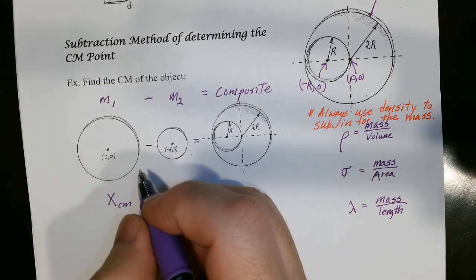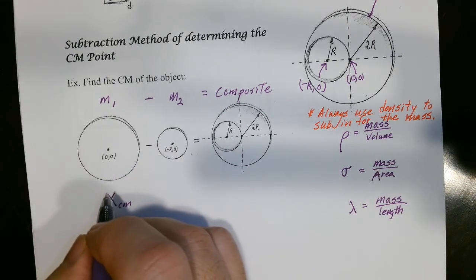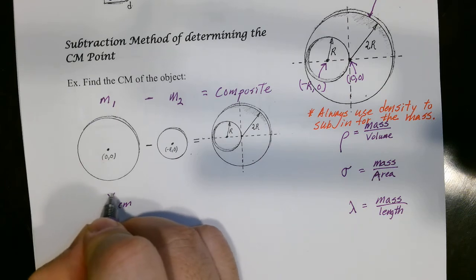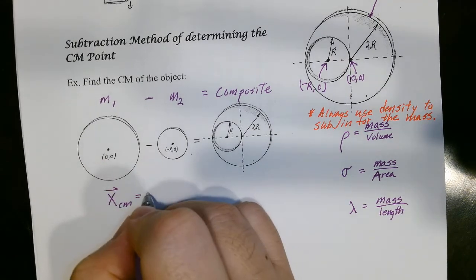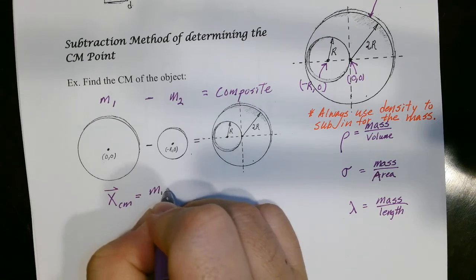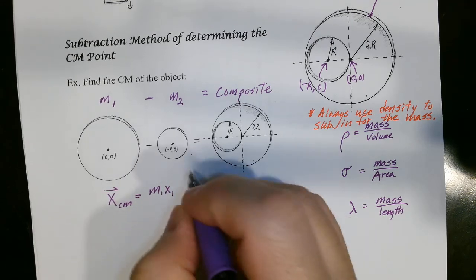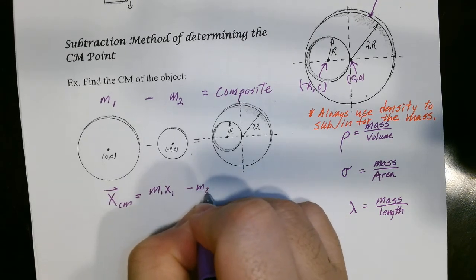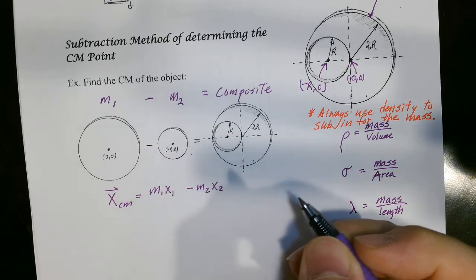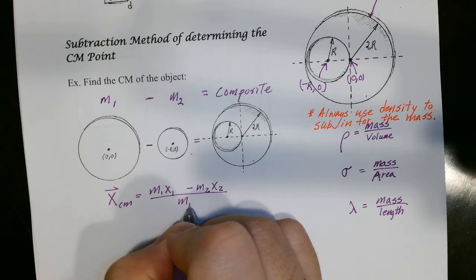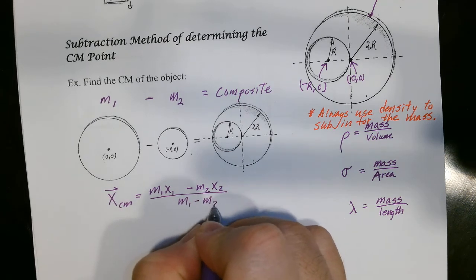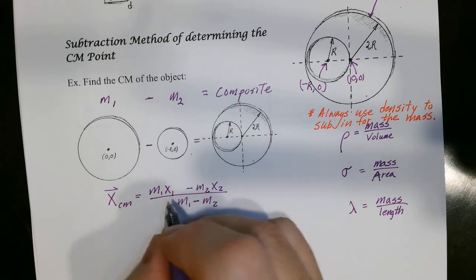So let's take a look at just the x direction, and that is m1 x1 minus m2 x2, divided by m1 minus m2.